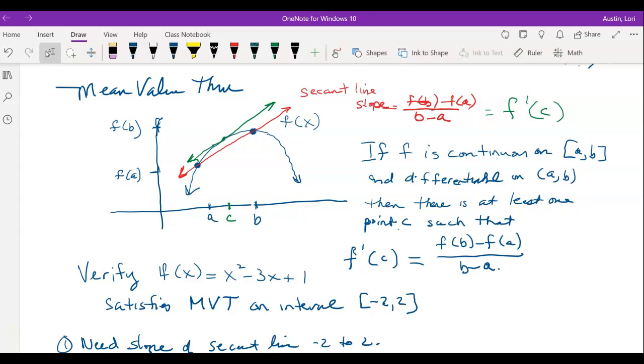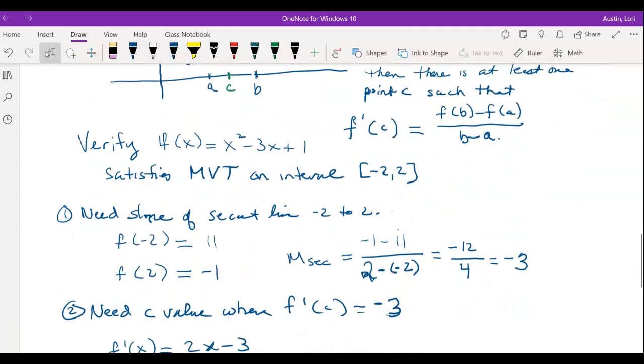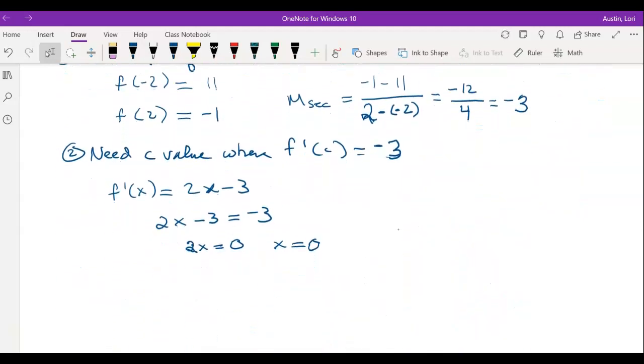Every line was a horizontal line. So Rolle's is a very special case of the mean value theorem, where the lines are horizontal. Here we got slanted lines. So we have to figure out what that value is that we're going to set it equal to by finding the slope of the secant line. You set it equal to -3, you find your x, and go, yep, I'm good. I love check marks.